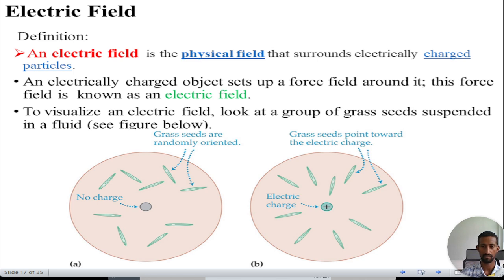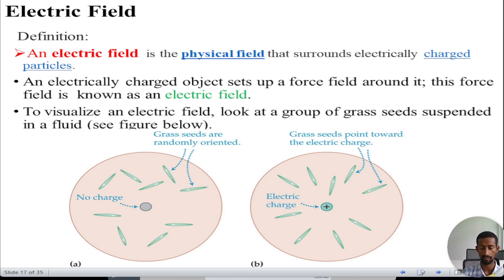If they are opposites, they will attract each other, and if they are similar charges, they may repel each other. So an electric field is a physical field that surrounds charged objects or charged particles. An electrically charged object sets up a force field around it. This force is known as electric field.